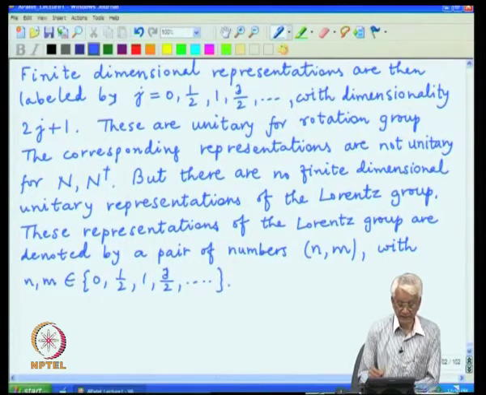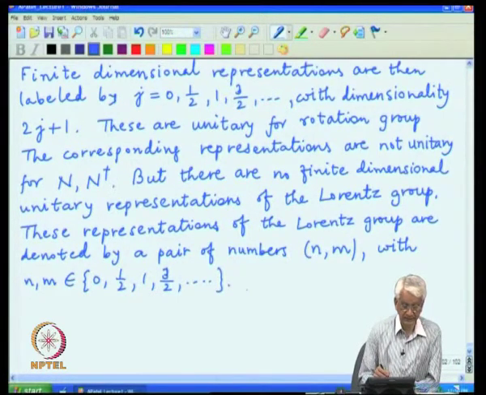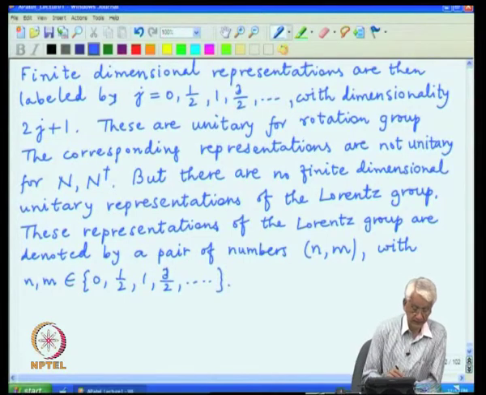Now, one can ask what these non-unitary representations are useful for, and for that one can look at some of the properties of what happens to these operators N and N-Dagger under various operations which we are familiar with.